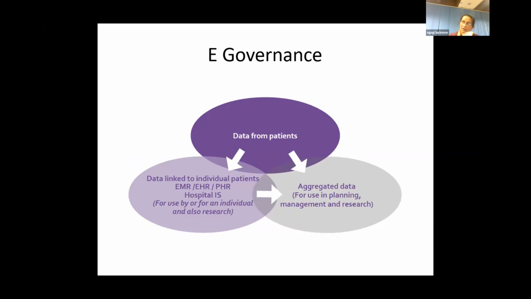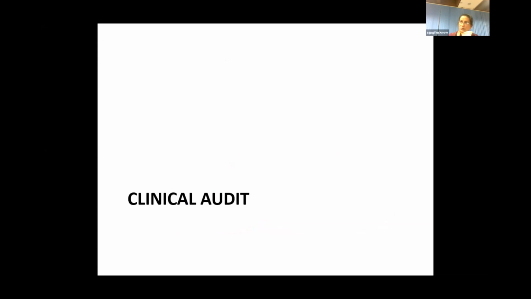So if everything is computerized and on an electronic platform, and if everything could be interoperable, then data generated at one place could be utilized at the national level, and that would ultimately help in e-governance. So that was all I wanted to tell about medical record.